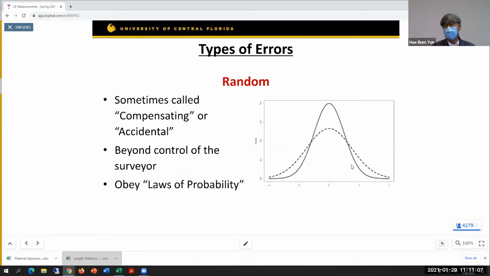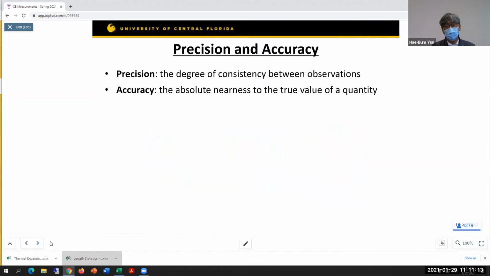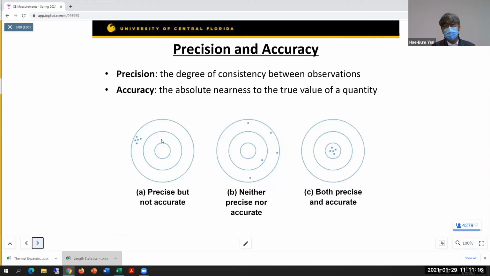Dashed line, right? Unlike the previous one, which we can fix by subtracting the bias, when you have this kind of error there's not much you can do. And the third case is grouped and also centered, so both precise and accurate.